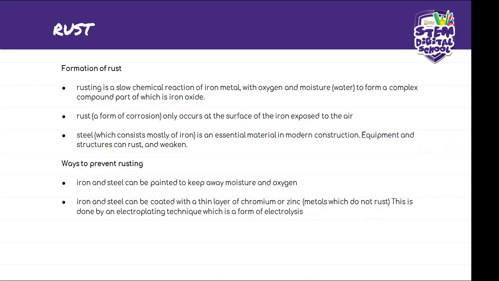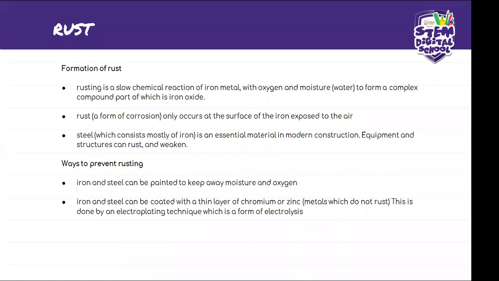It can be either oxygen or water. You have to do something to prevent the interaction between oxygen or water with the metal, and then you will be fine. So one way of preventing rust is to paint. That's why you see some metals in various places being painted.